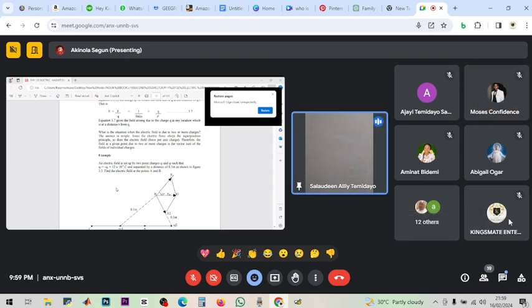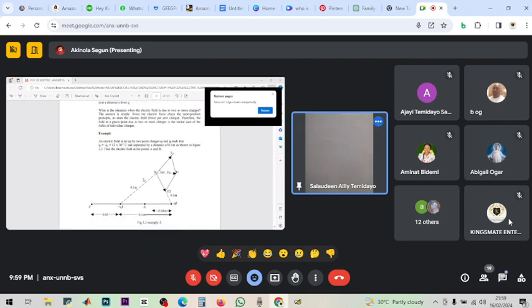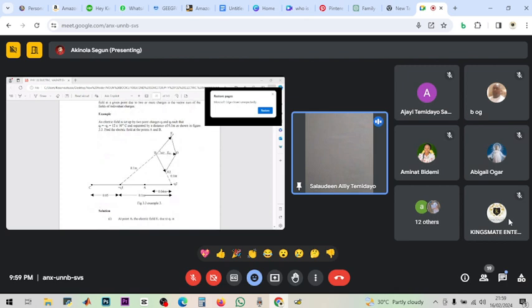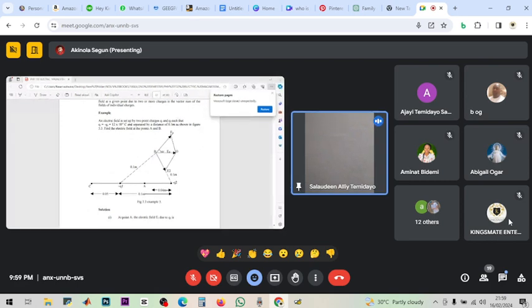Okay, find the electric field at the points A. But is it showing fully now? Okay, showing fully. So we have this.